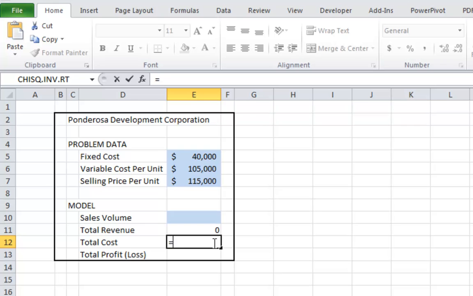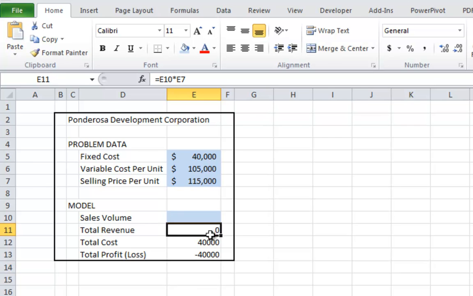Total cost is going to be the fixed cost, the $40,000, plus the variable cost, which will be how many I build and sell times the 105. And the total profit or loss is going to be total revenue minus total cost. And let's make these dollars also and get rid of the cents.